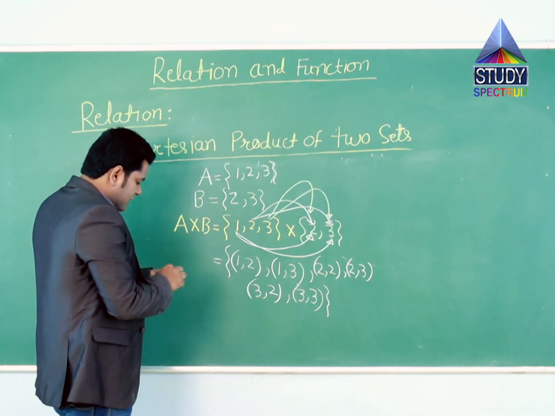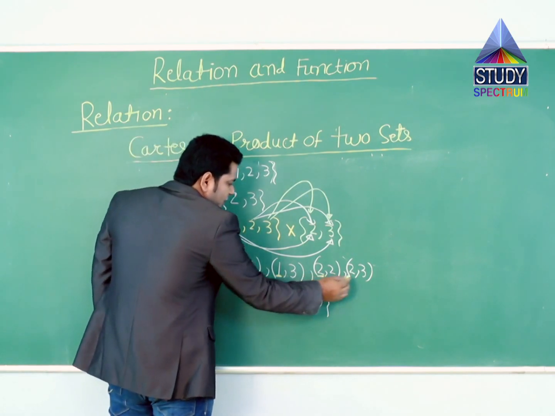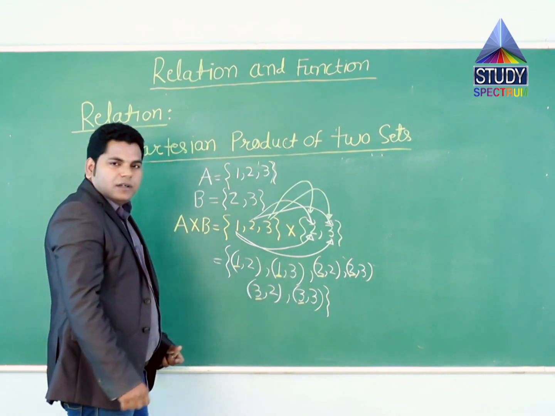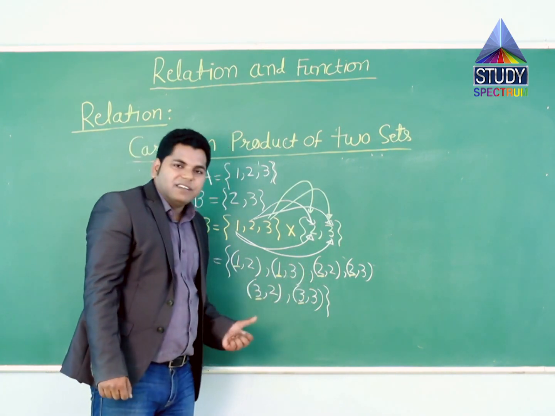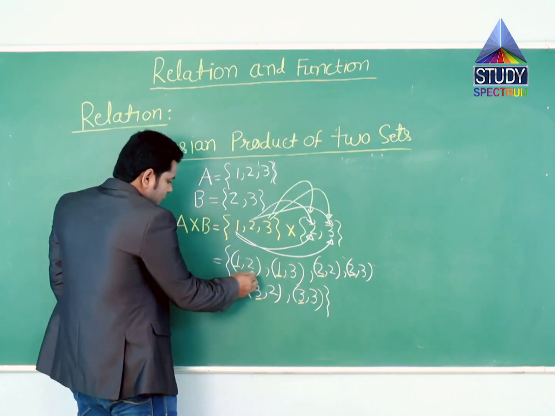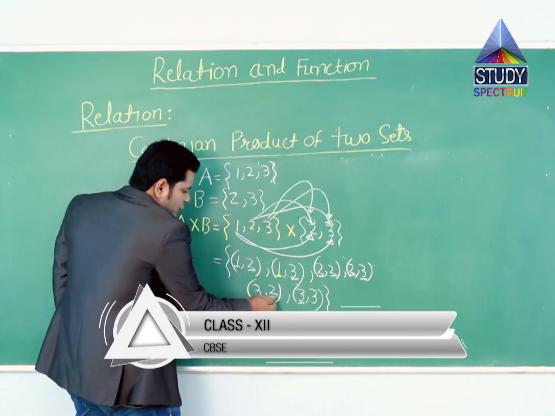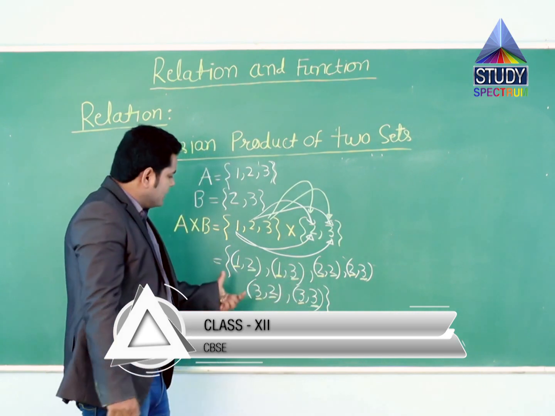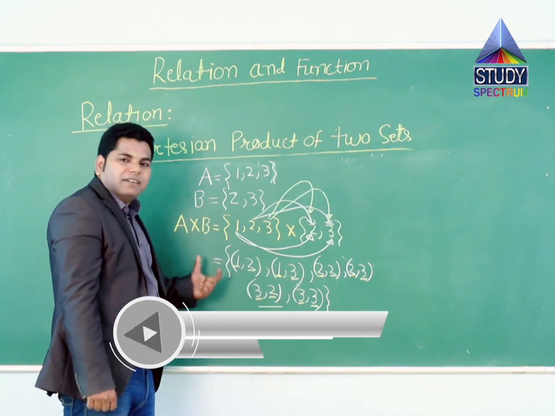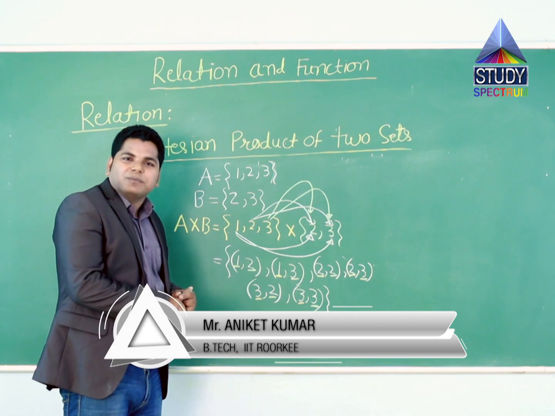In all these pairs, the first components are taken from set A, and the second components, which are 2, 3, 2, 3, 2, 3, are taken from set B. So in this way we can find the Cartesian product of two sets, and it is denoted by A cross B.